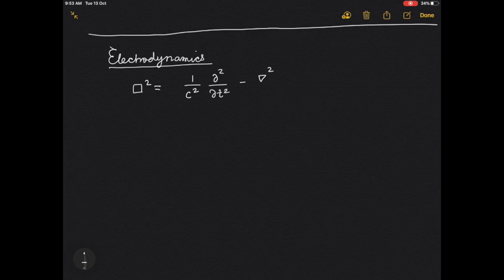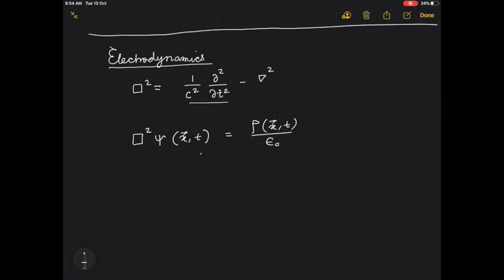All that I have to do now for the case of electrodynamics and Lorentz gauge is that the problems in electrodynamics in Cartesian will look like the following. It will have this form.